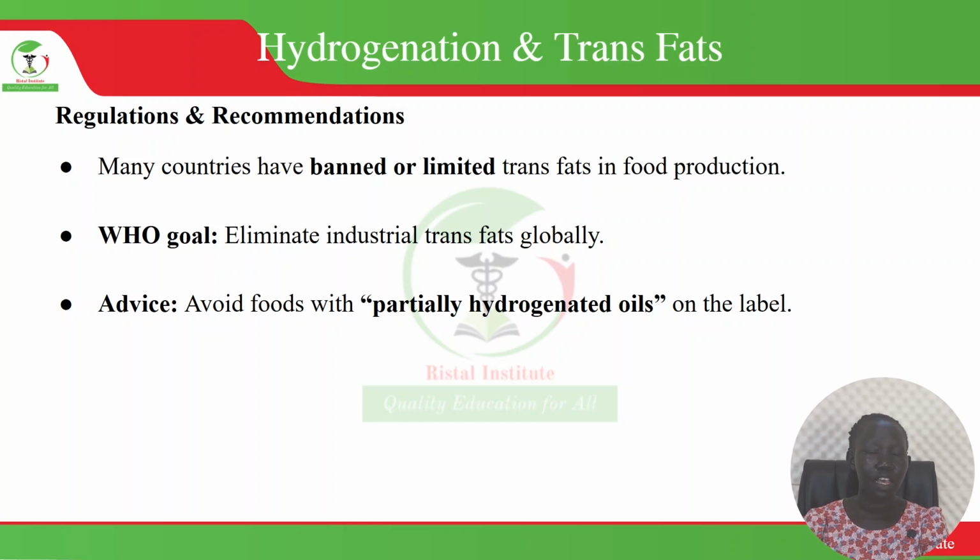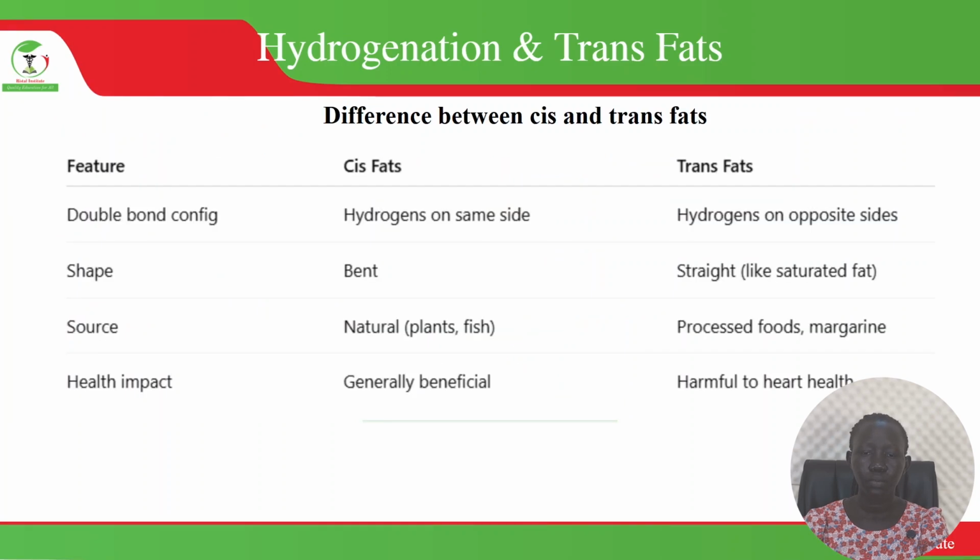And our advice as nutritionists, health workers and doctors is that populations are encouraged to avoid foods with partially hydrogenated oils on the label. So it is important for you to read food labels to understand the kinds of fats that are noted, because it is the rule for every food product that is produced that a food label has to be put in order for the consumer to discern for themselves what they want to consume.